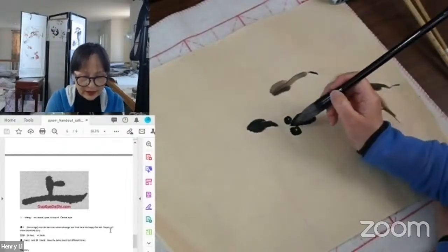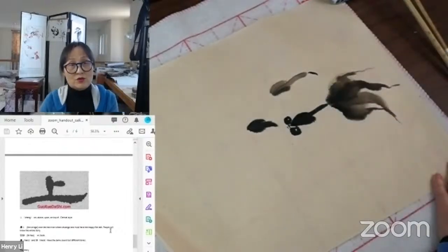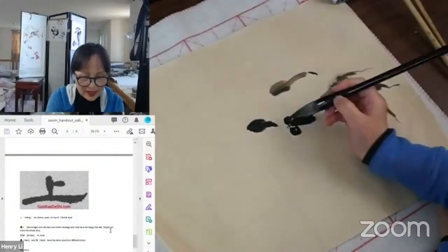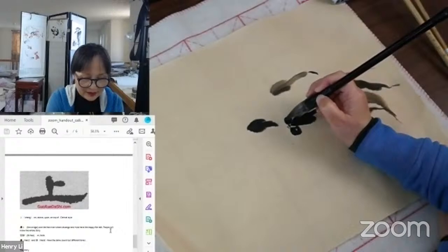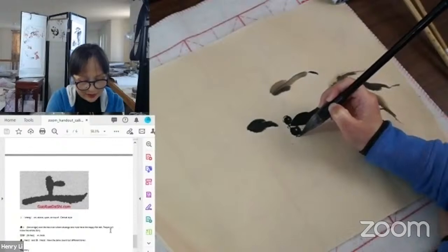And then the lip, just one or two strokes to indicate the lip. And for the eye, later you can do a little extra line here, lost and found, like doubling it.